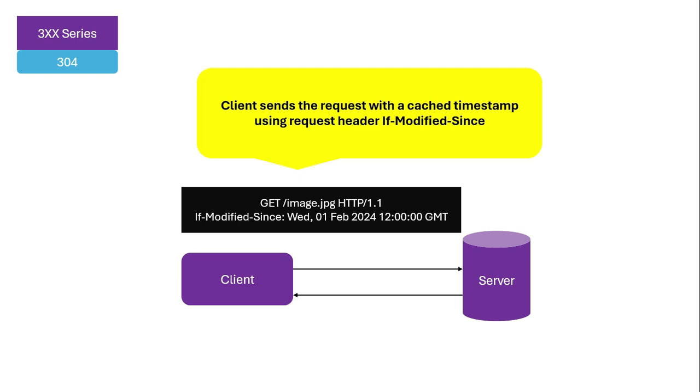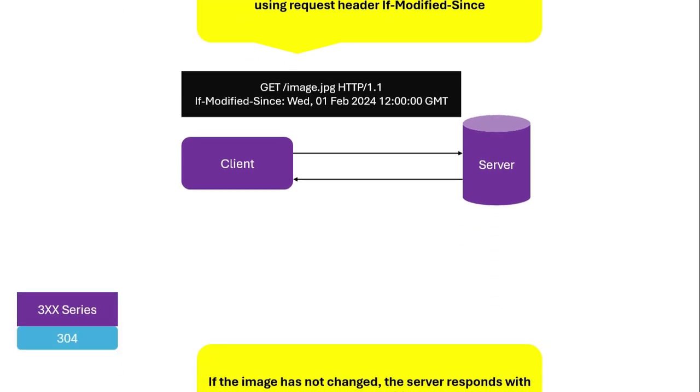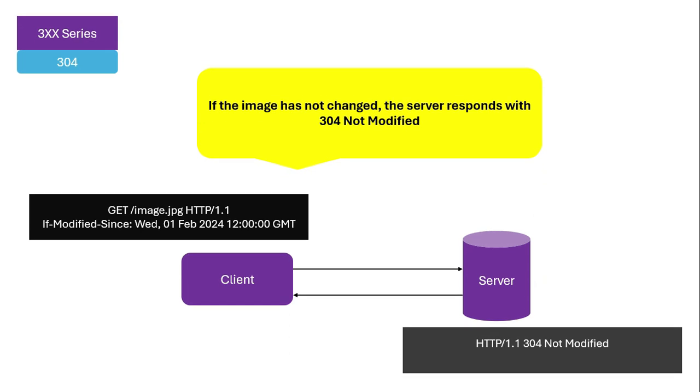If the image is not modified at the server level, the server responds with 304 Not Modified, so that the client can continue using the cached version because nothing has changed on the server side.